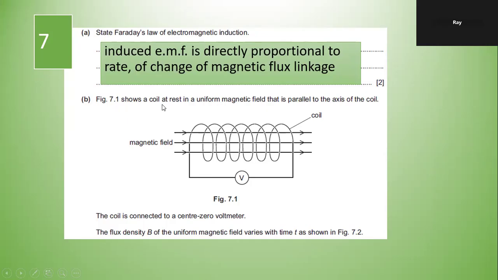Figure 7.1 shows a coil at rest in a uniform magnetic field that is parallel to the axis of the coil. There's a magnetic field, there's a coil. The coil is connected to a centre-zero voltmeter, so you allow it to move either way.